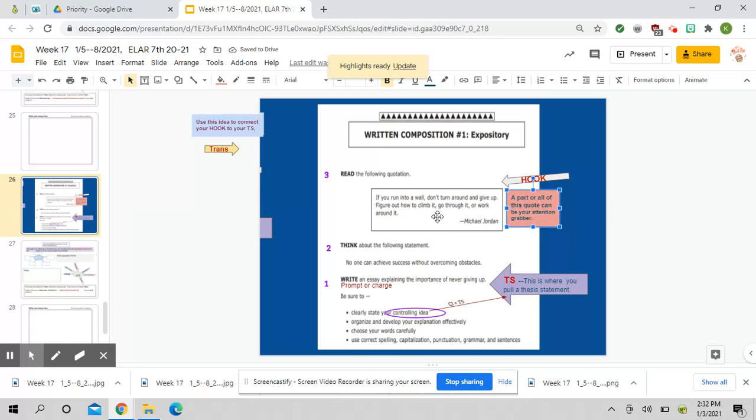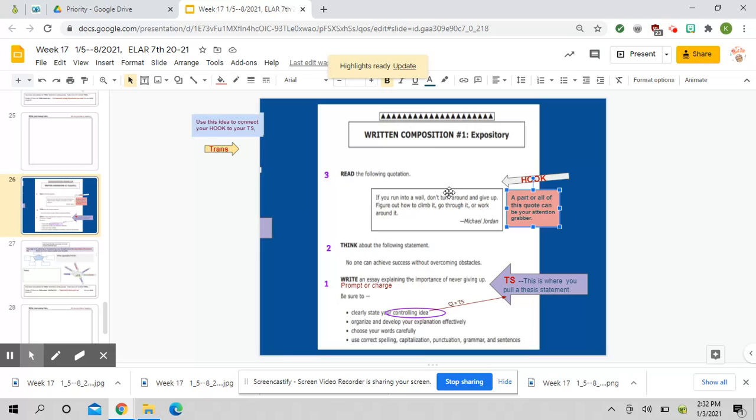I say a part or all of the quote because if you only want to use, and this is a relatively short quotation, but if you only want to have a part of this, that's all right.